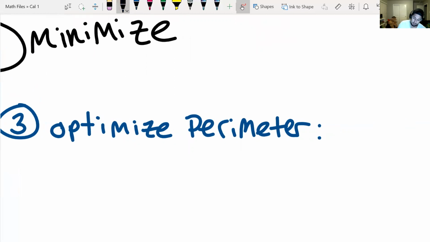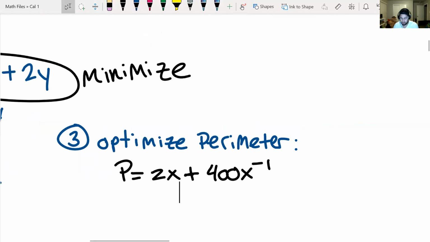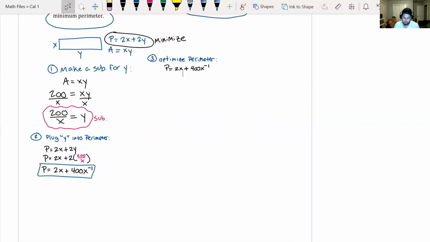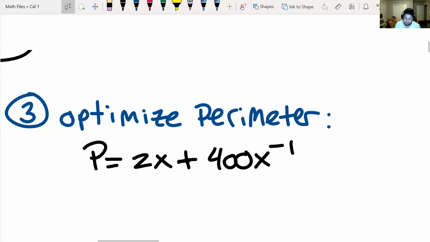Which means that I will rewrite our new perimeter equation. P equals 2x plus 400x to the negative 1. Let me make sure that's right. Yes.